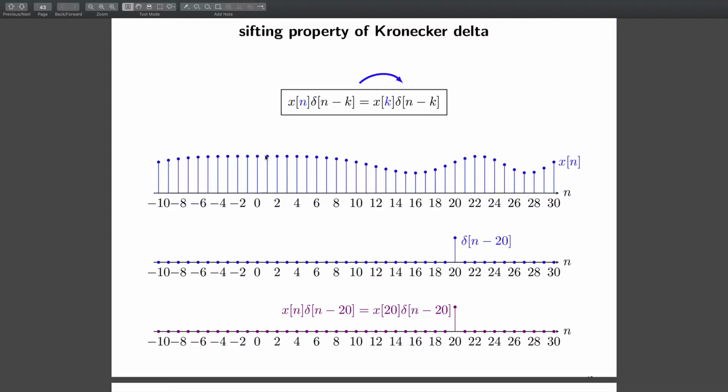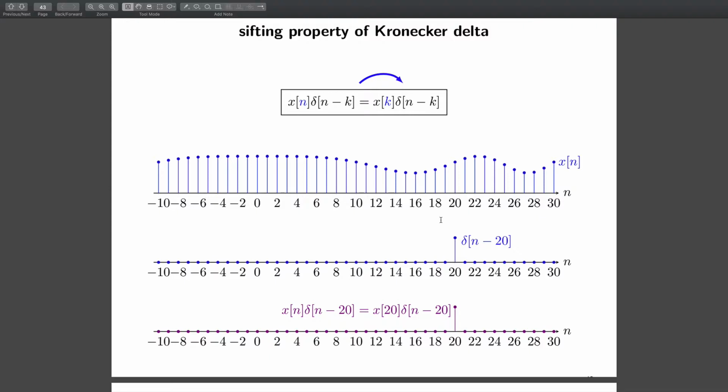I've shown the samples of that signal using a stem plot, as you see here. I'm also showing you a delayed Kronecker delta function. This one, in this case, is delayed by 20 samples. So instead of the value 1 occurring at time 0, it now occurs over here at time 20, or index 20.